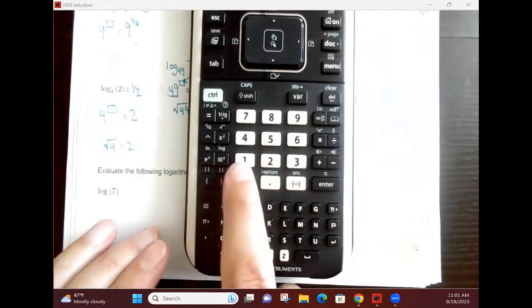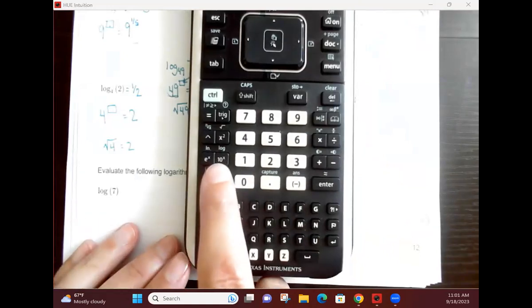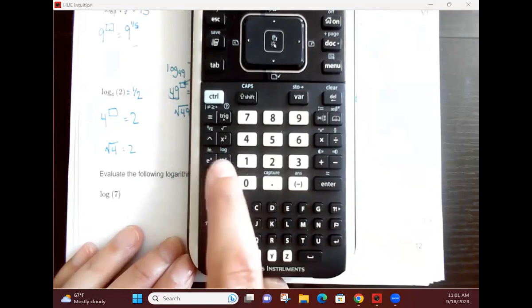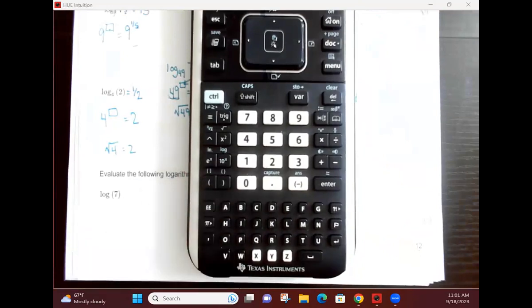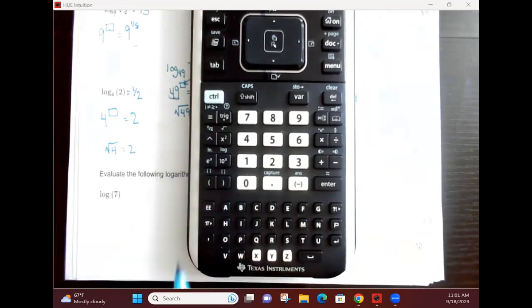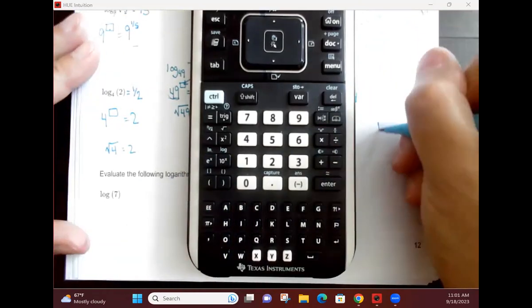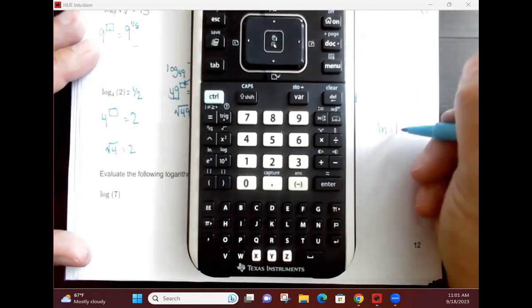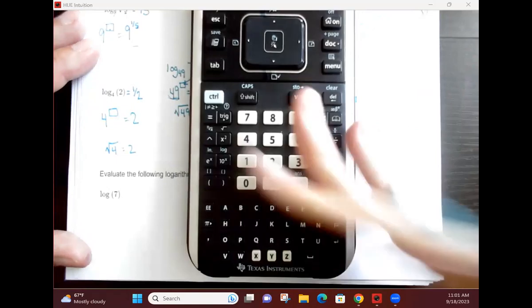So on my TI Inspire, just to the left of 1, you have this sort of double button key, e to the x and 10 to the x on the same button, right? They're just half of the same sort of button. And then right above that, you can see ln and log. ln is what we call the natural log, and it is a log whose base is e, log base e.